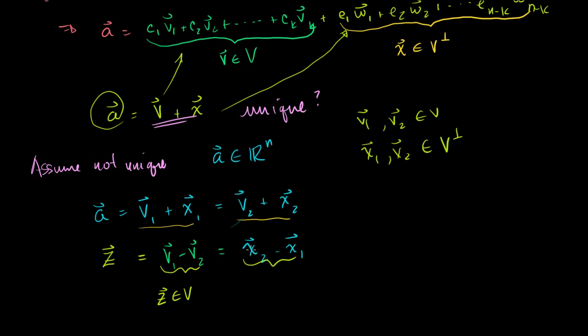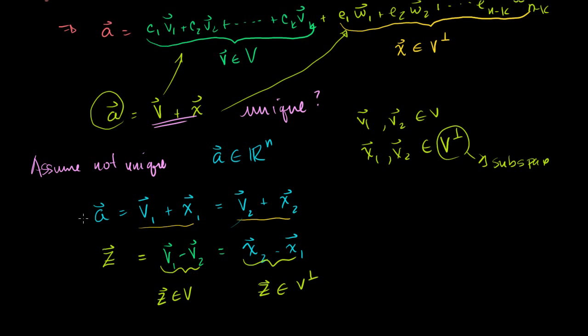Why? Because both x1 and x2 are members of the subspace V's orthogonal complement. And that is a subspace as well, so it is closed under addition and subtraction. So this is also going to be a member of that subspace. So we could also say that Z is a member of V perp, or the orthogonal complement of V.